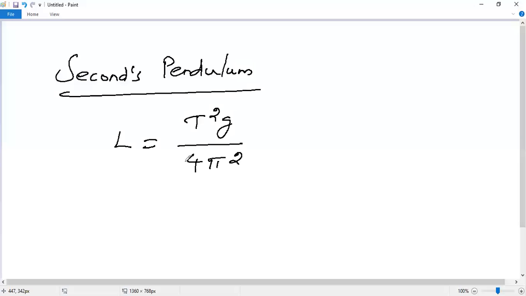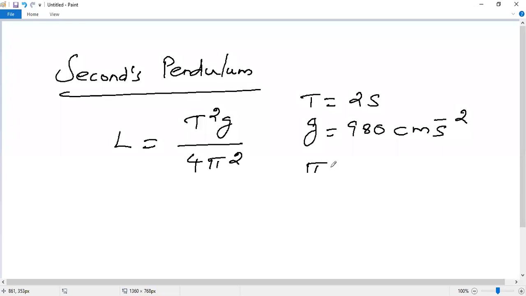The value of T is 2 seconds, the value of g is 980 centimeter per second square, and the value of pi is 3.142.